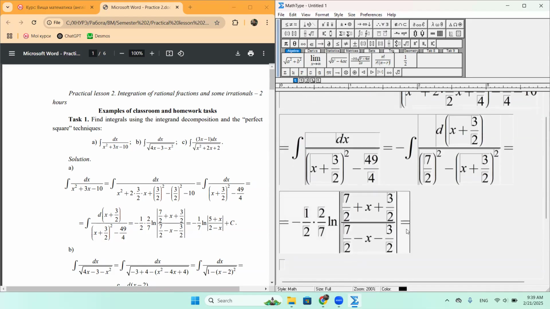So now let's simplify it a little bit. And plus c. Don't lose constants. So 7 plus, so x plus 5, and here 2 minus x.